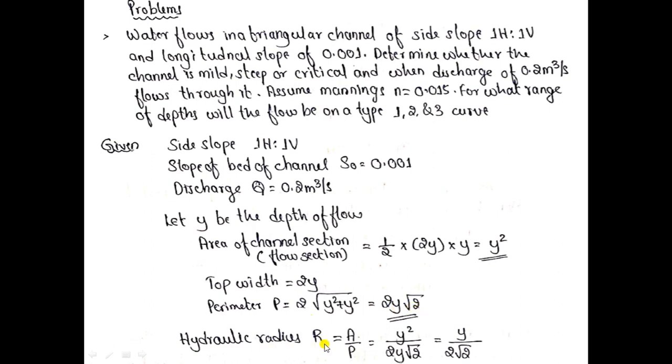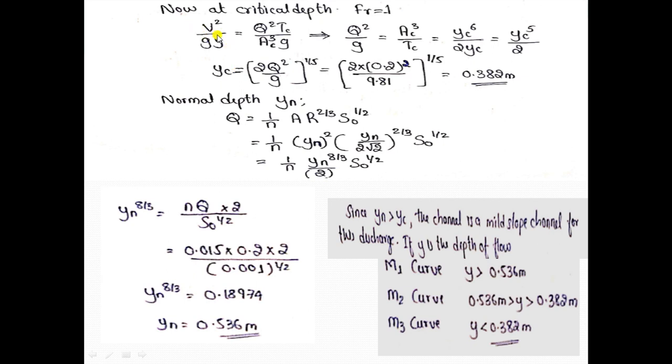The hydraulic radius r is given by the ratio of A by P. If we simplify it, it is y divided by 2 root 2. Now, if you consider this equation, for Froude number equal to 1, Fr is given by V under root of gy. So Fr square will be V square divided by gy.